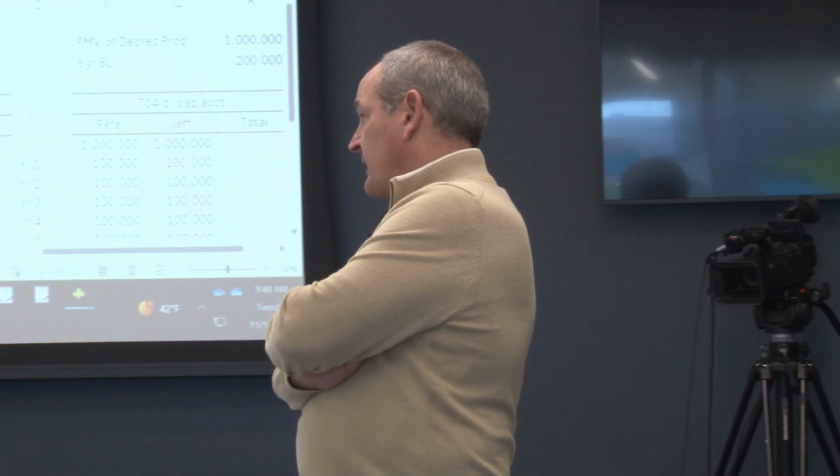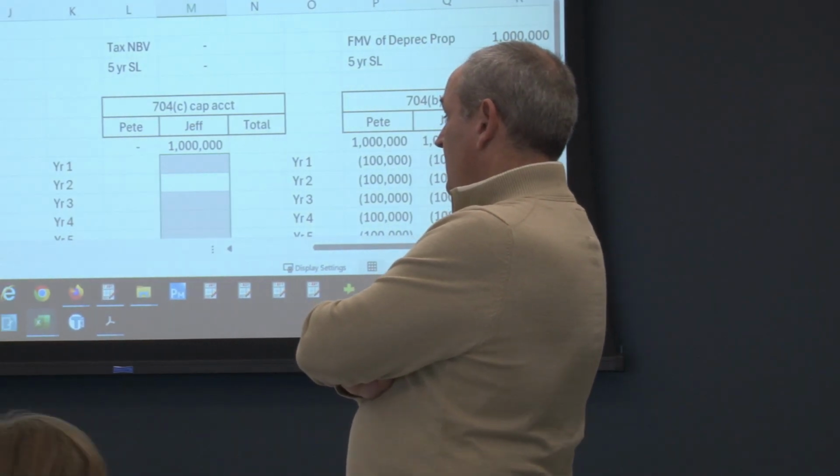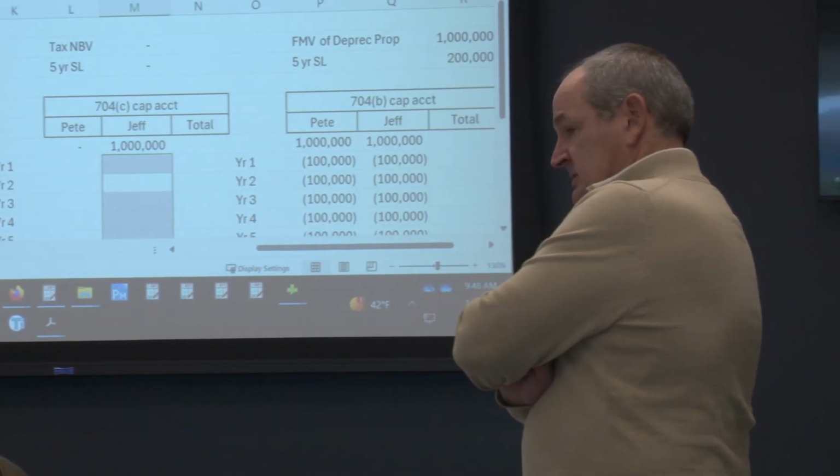So if this is our fact pattern, where Jeff contributed cash of $1 million, Pete contributed a machine of $100,000 with a cum of $100,000, and this is the exact same fact pattern. So, Brett, with traditional, we have a ceiling problem, correct? Correct.